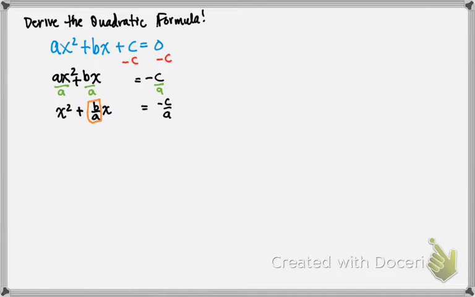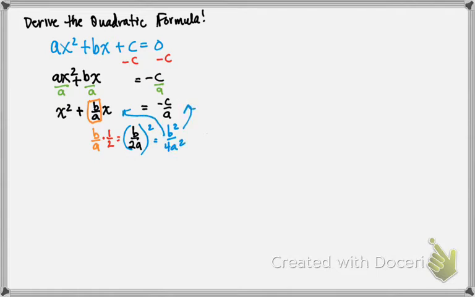So I'm going to take this b over a, and I'm going to cut it in half. But to show that, I'm going to do it this way. That's going to give me b over 2a. Is this starting to ring any bells? But that's not all we do. We take that and we square it, and that gives me b squared over 4a squared.